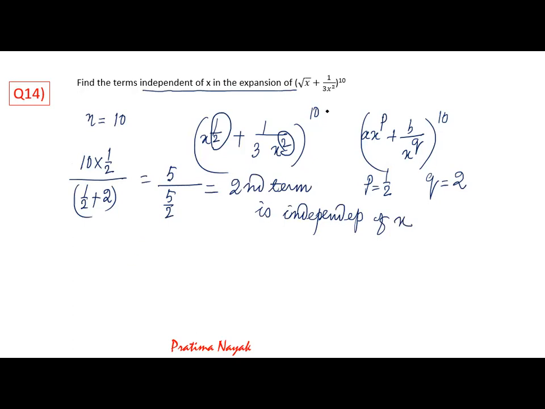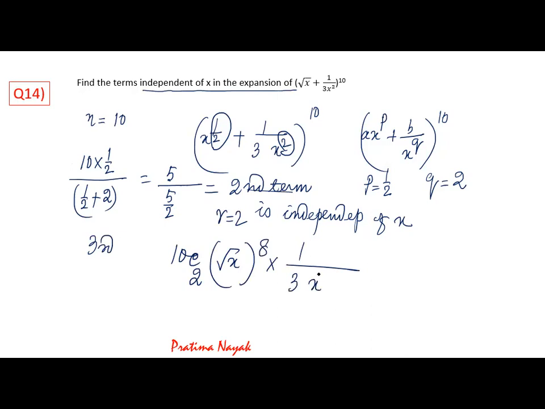Let us check once for your convenience. So the second term is independent of x, means how to write the second term? It will be the third term. The r value is 2, then it will be the third term. Then it will be 10c2 (root x) to the power 8 and (1 by 3 x square) to the power 2.